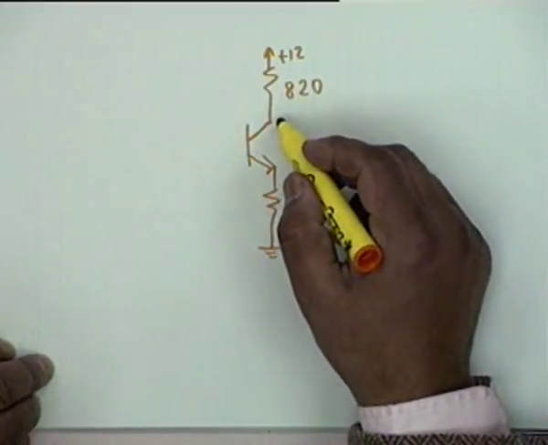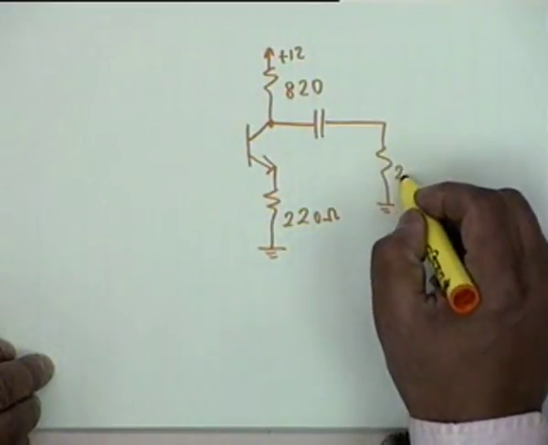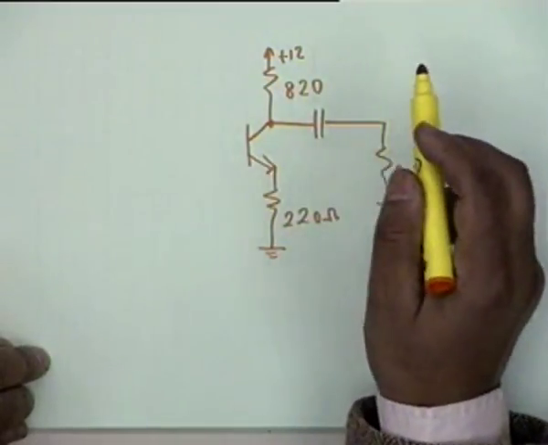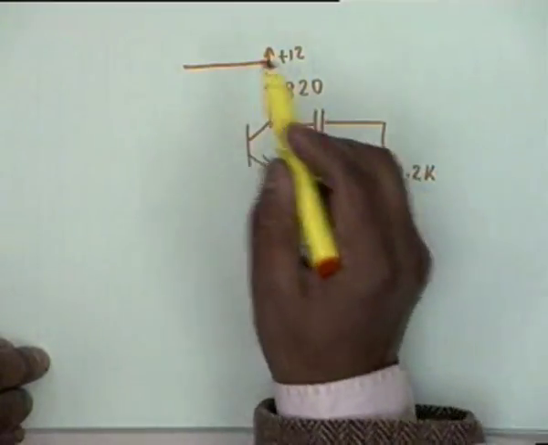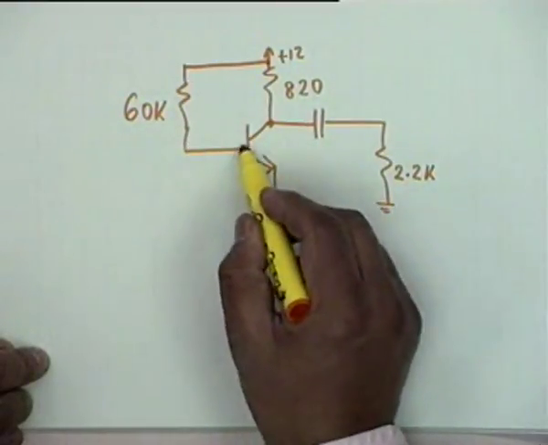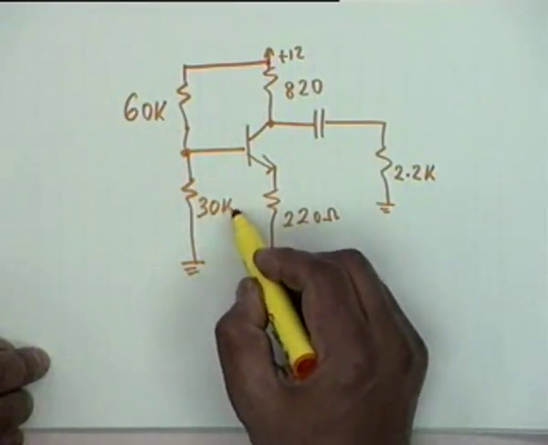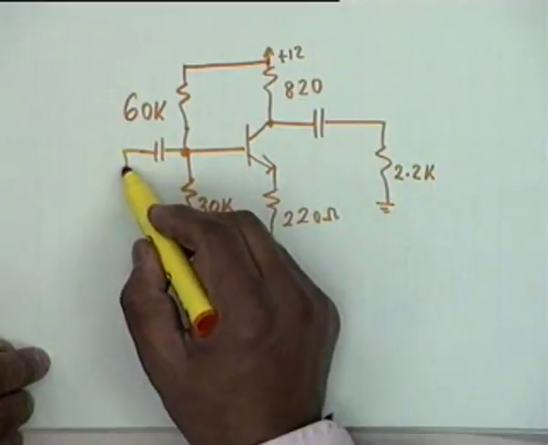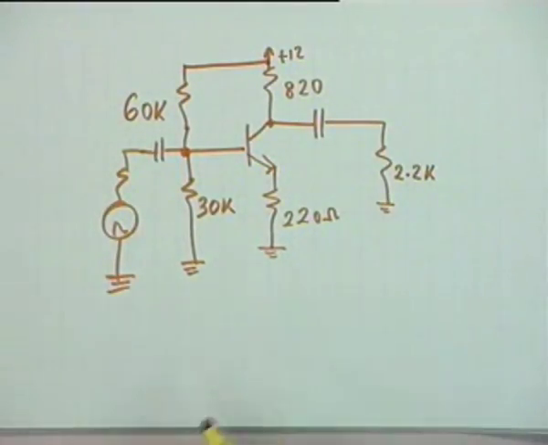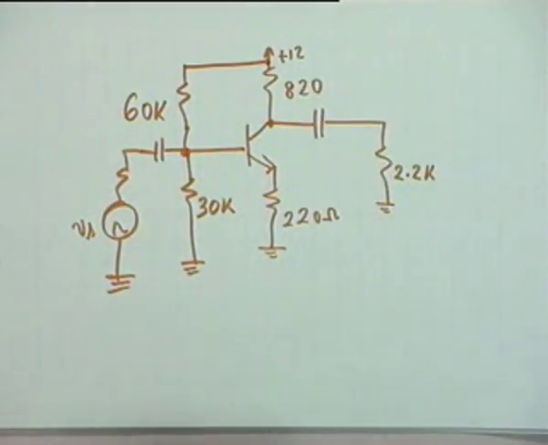There is a capacitor which goes to another load 2.2 K, which as you will see will not be of interest at this point. The biasing is done through 60 K and 30 K. Of course, there is a capacitor here through which the signal source is connected. This is the input Vs and this is the output across the load.